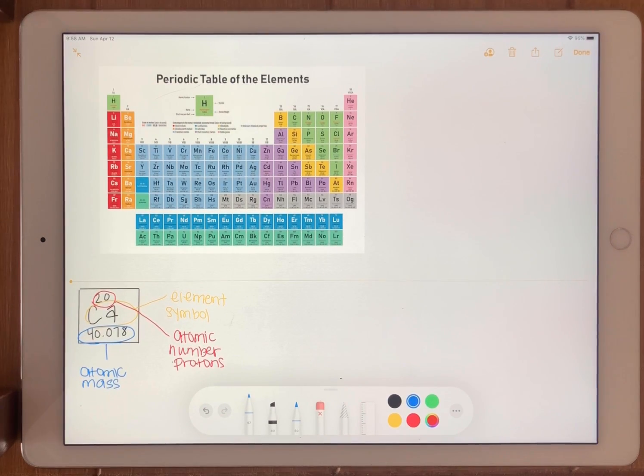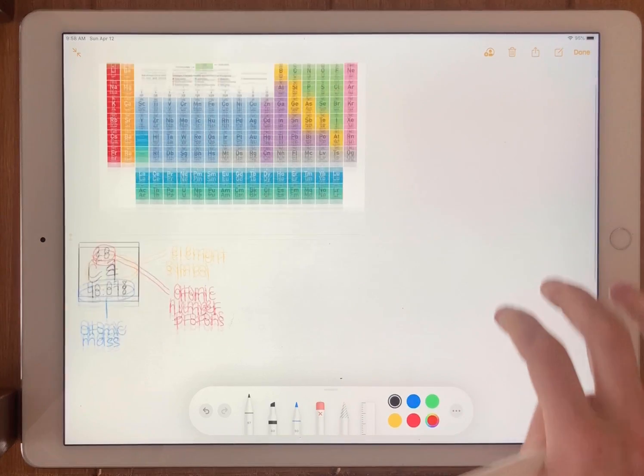So now let's draw the element calcium. For my atom, I will be using my iPad and pen, but I'd like you guys to get creative. You can use different colored candies or even colored rice, beans, or pasta. First, I'm going to draw the nucleus.